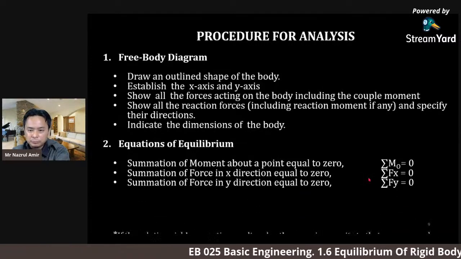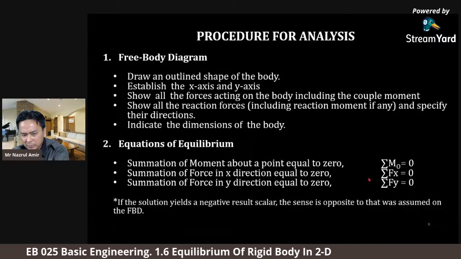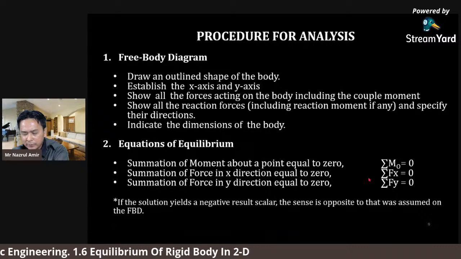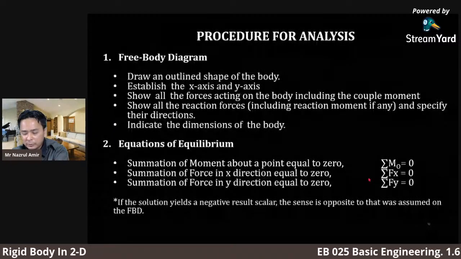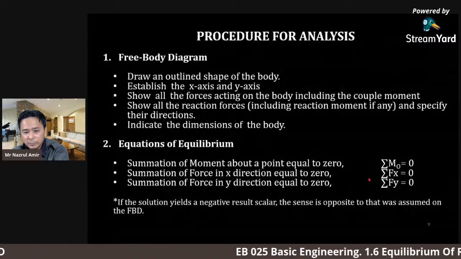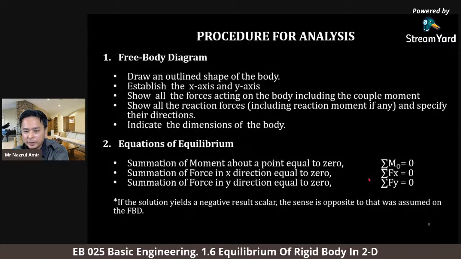Notice that in the final step, when you get the result, sometimes you will get a negative scalar. If you get a negative scalar, it doesn't mean that you are wrong. It just means that the sign is opposite to what was assumed on the FBD.